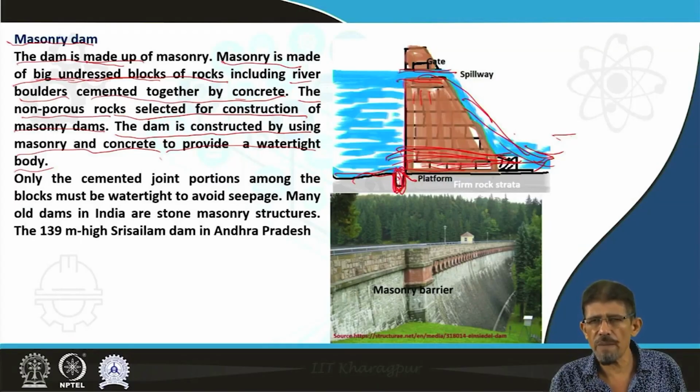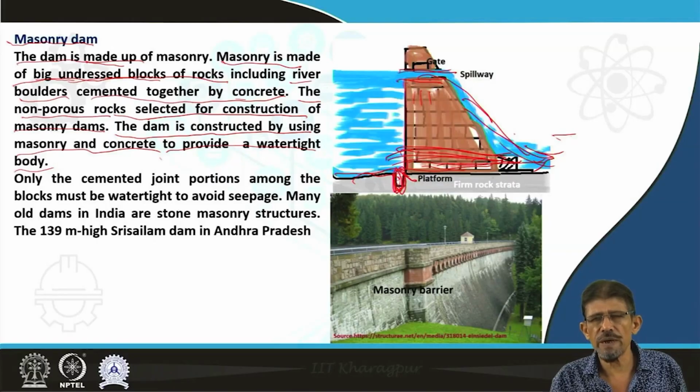What is the drawback? The drawback is related to weathering or deterioration caused by continuous interaction of water and rock. Because masonry is made up of rock, and we have discussed how water-rock interaction changes the state, stability and strength of the rock.